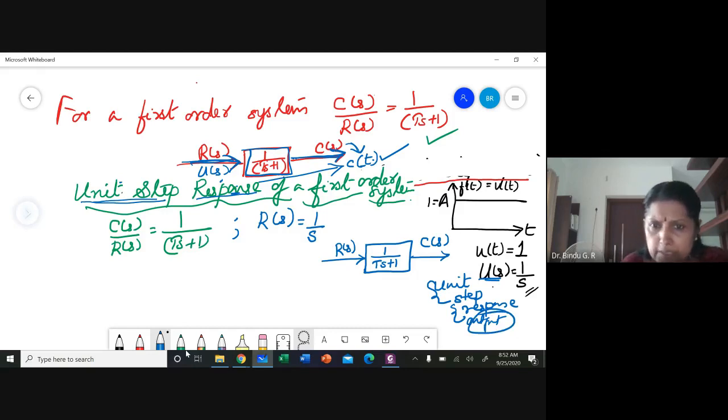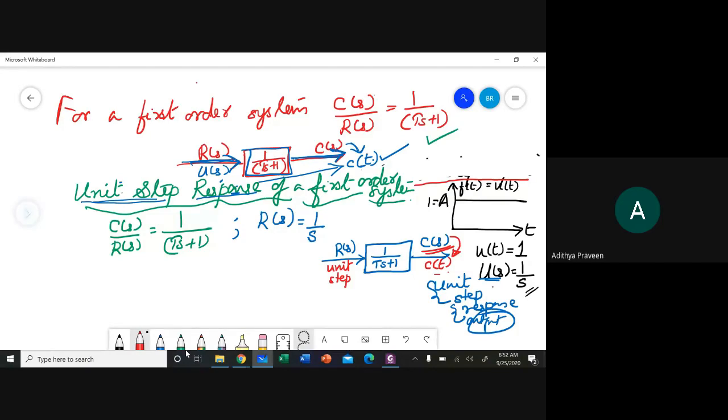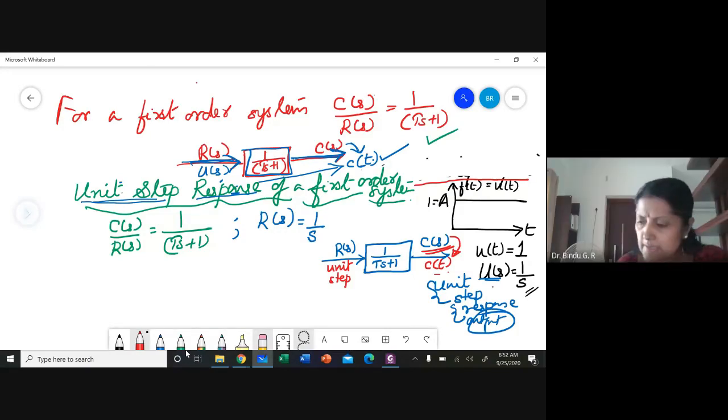The input should be unit step, and I am going to find out what is C(s), which is the response in the Laplace domain. But normally you find the response in c(t), in the time domain. You find out C(s) and then take the inverse Laplace transform and find c(t). That is called the unit step response. Is that now clear, Aditya? Yes, ma'am. Okay.